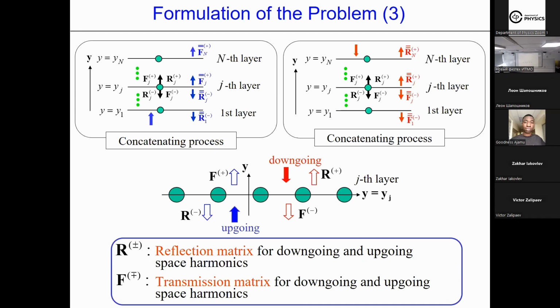That's why even if we consider, for example, 1,000 or 10,000 layers, using MATLAB or Fortran, we can very easily calculate in a few seconds a very large number of layers. So the multi-layer problem is purely based on the recursive algorithm. If we know reflection and transmission for each single layer, we can very easily calculate the generalized reflection or transmission matrices for the multi-layer set. And it takes just a few seconds.